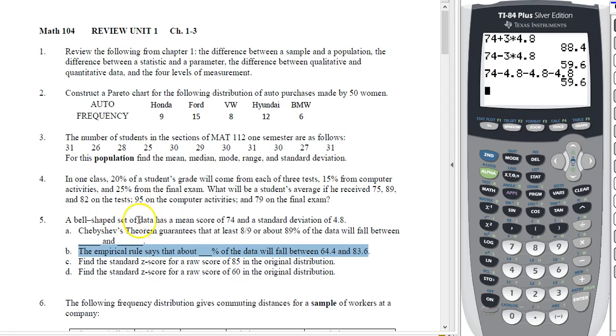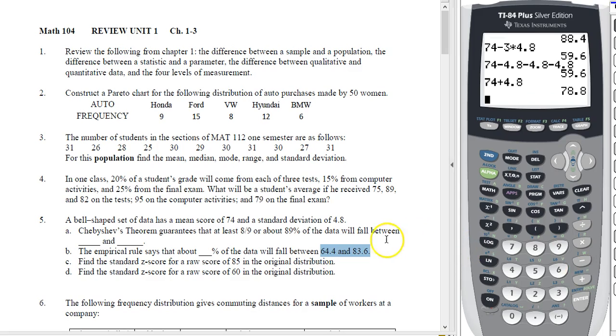The empirical rule, you want to make sure that you remember that that's talking about bell-shaped distributions, which this is, and for the percentage that falls between 64.4 and 83.6, you have to first figure out how many standard deviations that is from the mean. If you take the mean plus 1 standard deviation, 4.8, that gives you 78.8. That's not one of those numbers, so add another standard deviation.